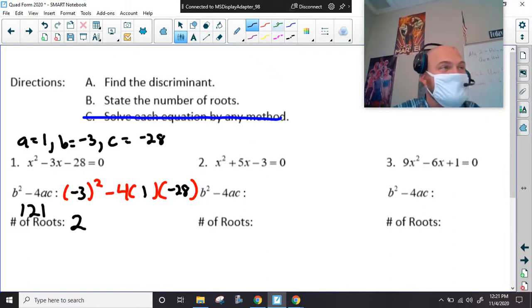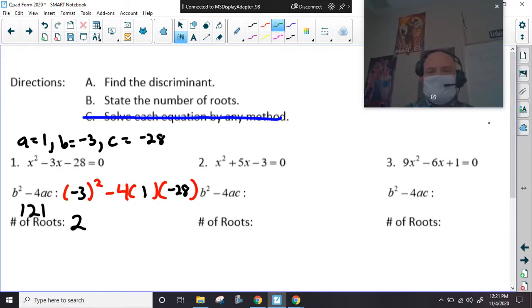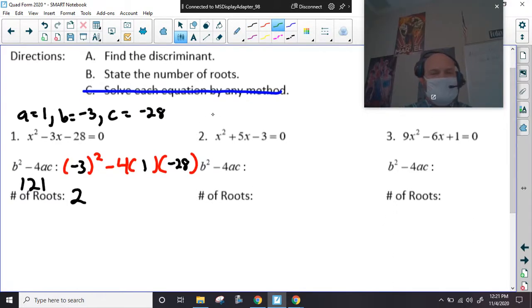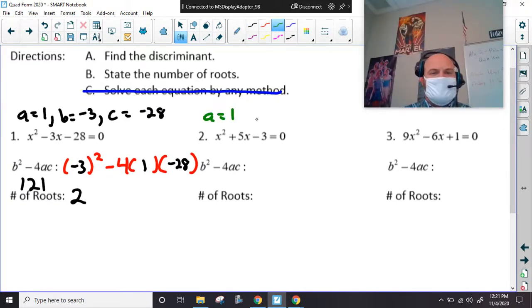So, yes. All right. Now, for this one, A is 1, B is 5, and C equals -3.